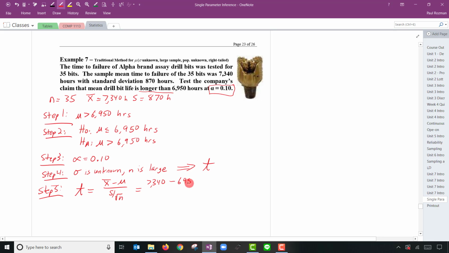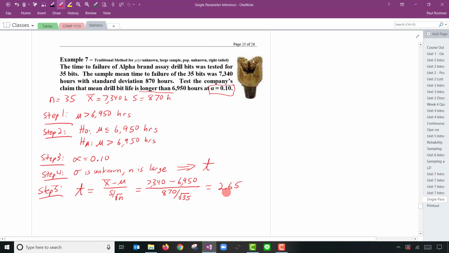So let's use that. And if it works for 6950, it will work for anything smaller than 6950. Our s is 870 hours, and we did a sample of 35. Calculate this t-score, and I get 2.65.